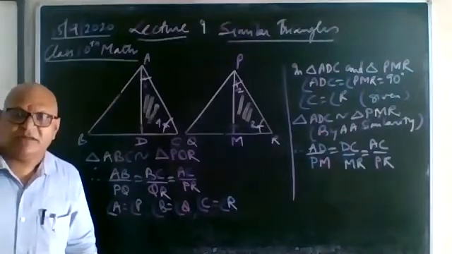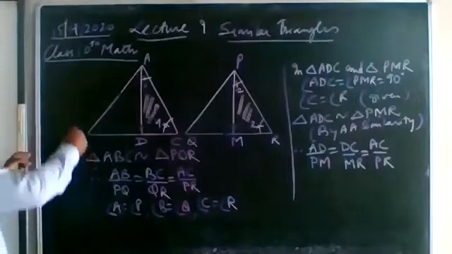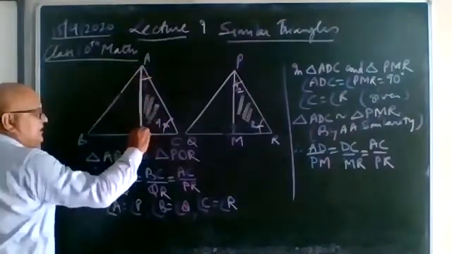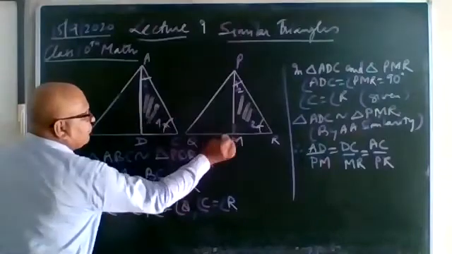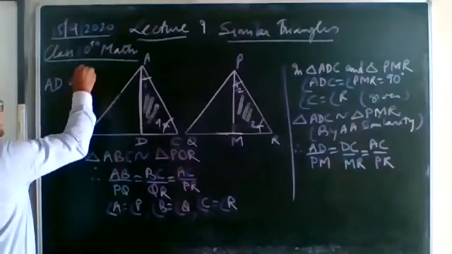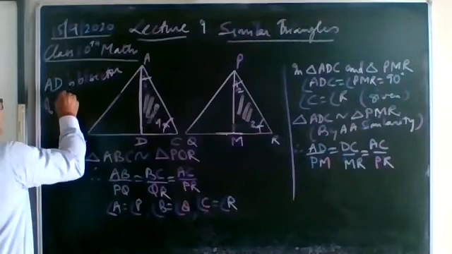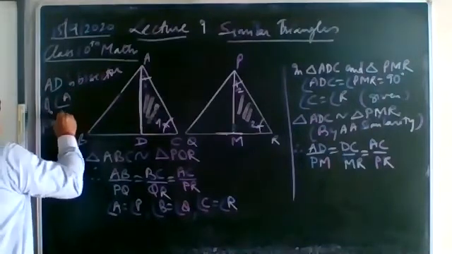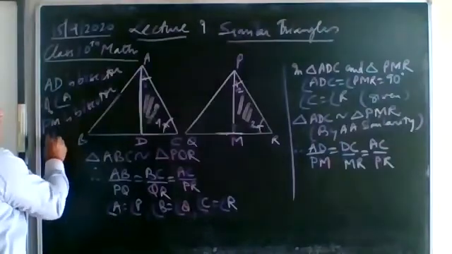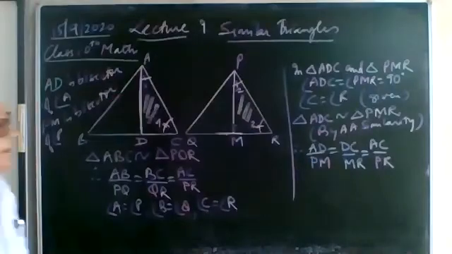Understood or not? This is the same. This AD, in the previous question, here AD is the angle bisector. AD is the bisector of angle A. PM is the bisector of angle P. Now what you will say?